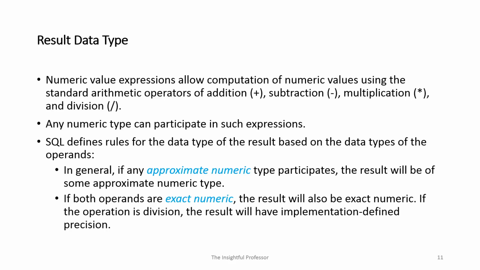Any numeric data type can participate in the expressions. We've been using integers and decimals, but we could use any data type, such as floating point, for example. So the SQL Standard defines the rules for the data type of the result of the computation, and these rules are based upon the data types of the operands participating in the expression that we're computing.